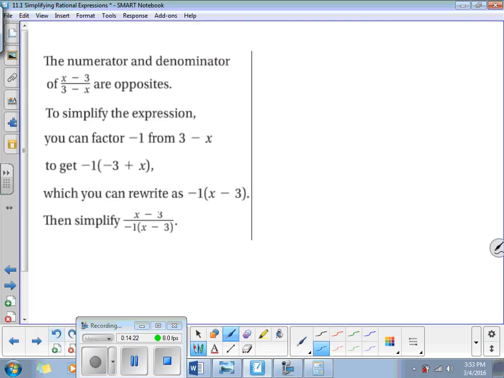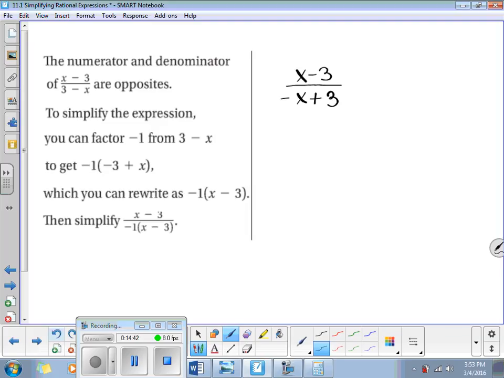So, if I were to rewrite this, if I flip the denominator around, this would be a negative x, and this is a positive 3, right? So that would be plus 3. So they are not the same.